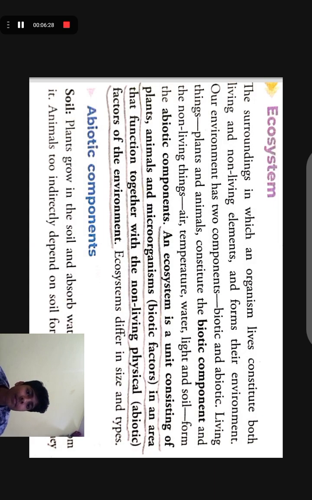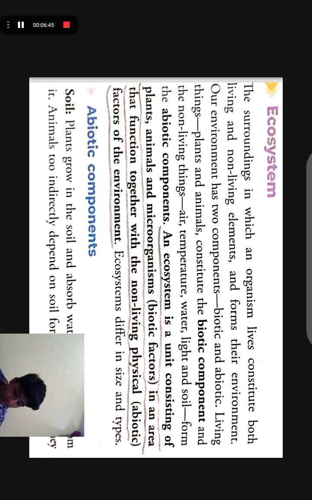So let's come to the next question, that was ecosystem. Ecosystem: the surrounding in which an organism lives, constituting both living and non-living elements, forms its ecosystem. Our environment has two components, biotic and abiotic.